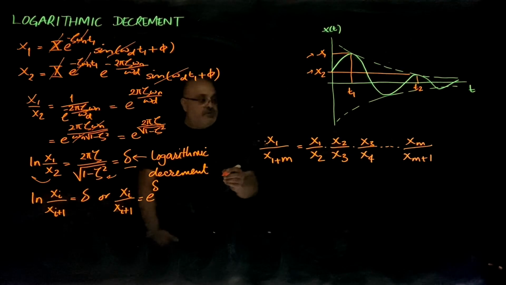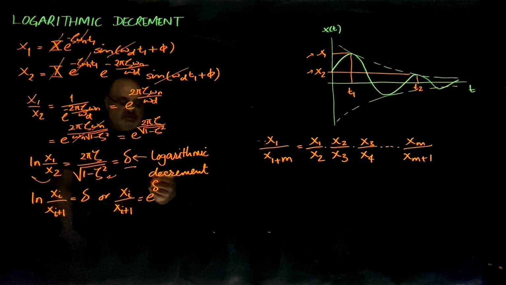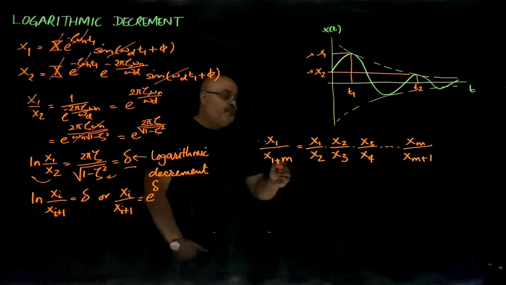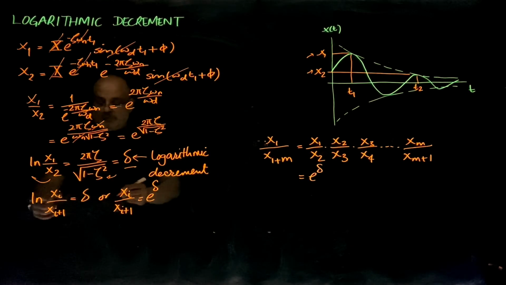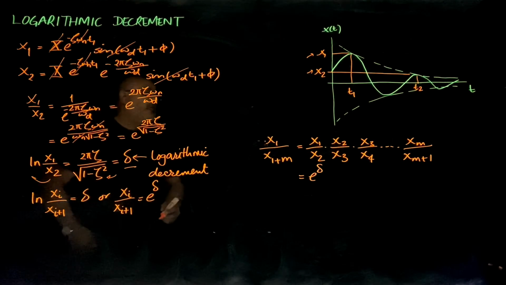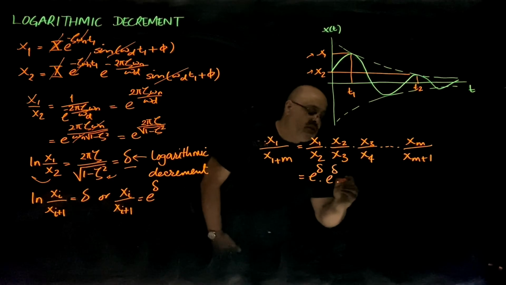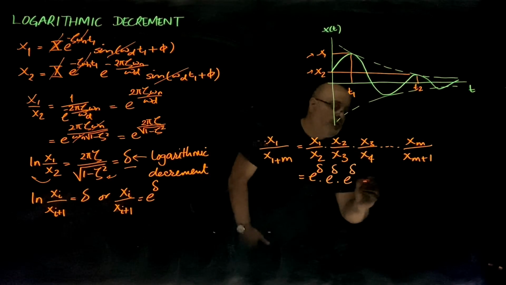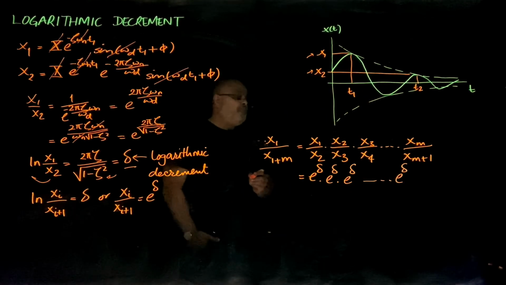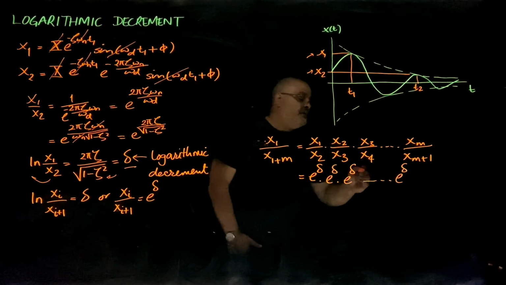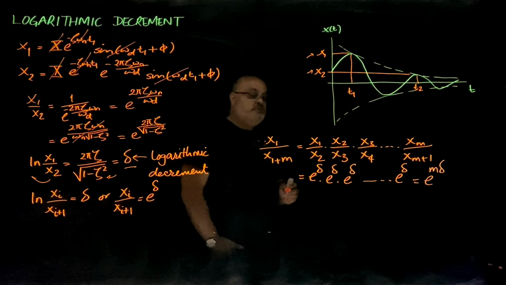Now, x1 divided by x2 is e to the power delta. So each two consecutive peaks will give me e to the power delta. So 2 and 3 will also be e to the power delta, e to the power delta for 3 and 4, all the way to xm, multiplying, that will be e to the power m delta.